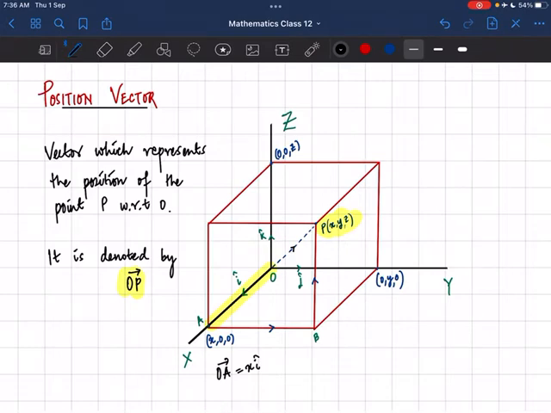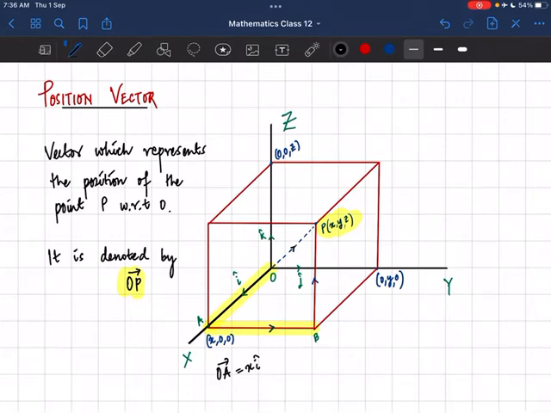Now there is another vector, where the terminal point of OA vector is nothing but the initial point of OB vector. So by triangle law of vector addition, we can add these two up, and the resultant of these two vectors is nothing but the third side of the triangle.